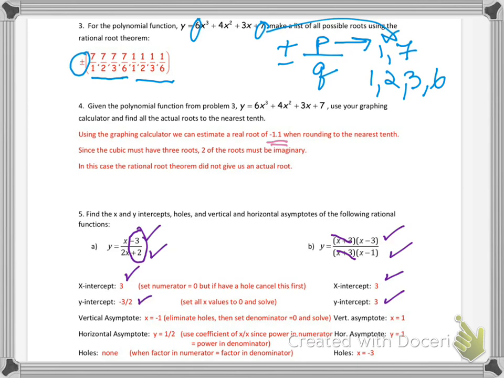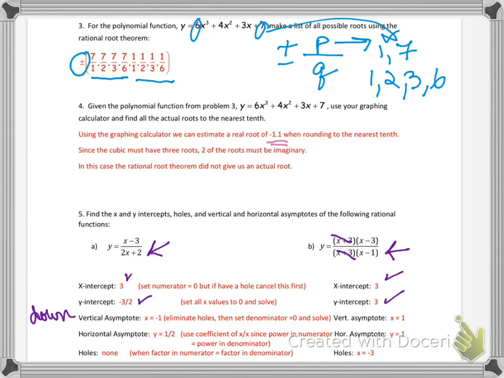Vertical asymptotes. Let me just get rid of some of my drawing here. Okay, when you want to get a vertical asymptote, you always need to look down. So I'm going to say the word down. You're focused right here in the denominator of the rational function. Set that equal to 0 after you've eliminated the holes.